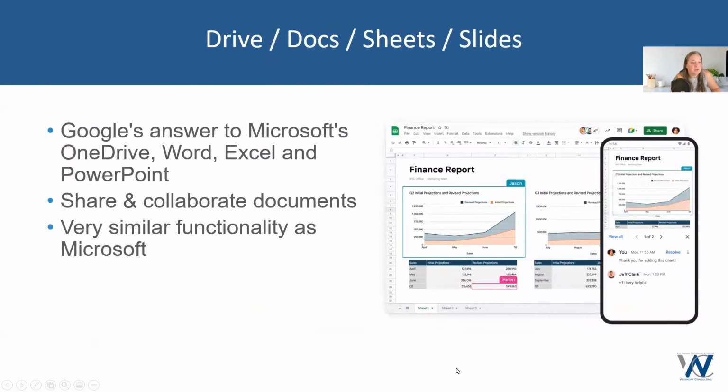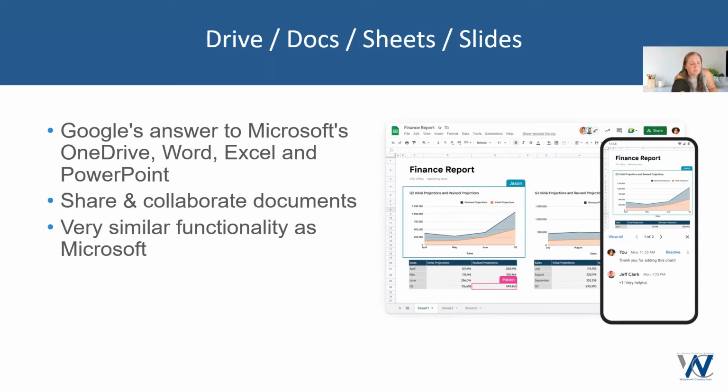Okay, and then Drive, which includes Docs, Sheets, and Slides, which again is Google's answer to Microsoft's OneDrive, Word, Excel, and PowerPoint. And just like in Microsoft, if you're using OneDrive, you can collaborate, share those documents, work on them together, add comments to each other, add tasks to each other, for instance, on these.